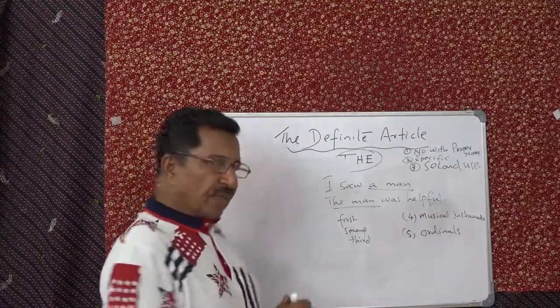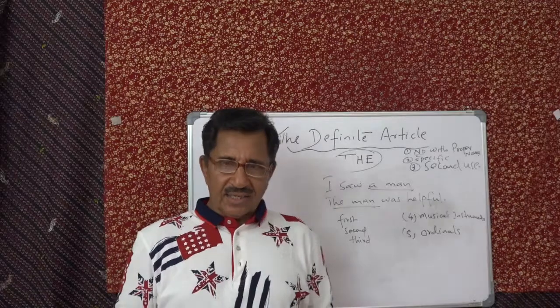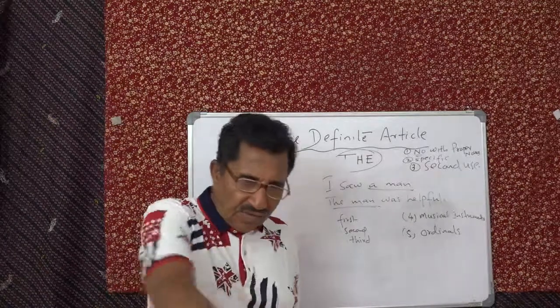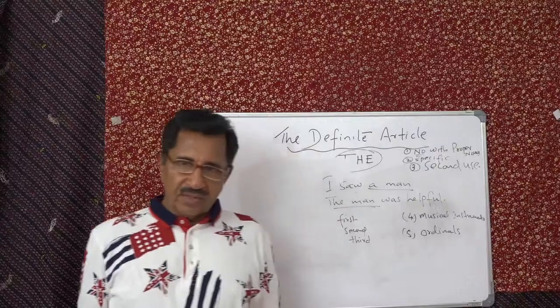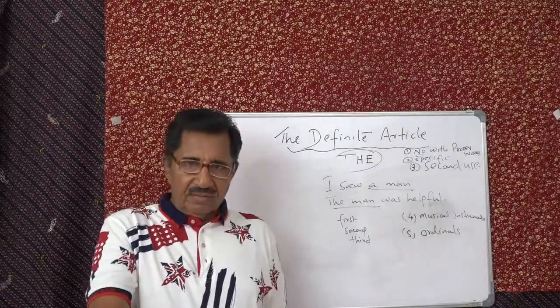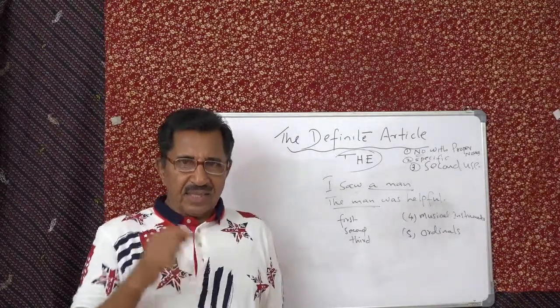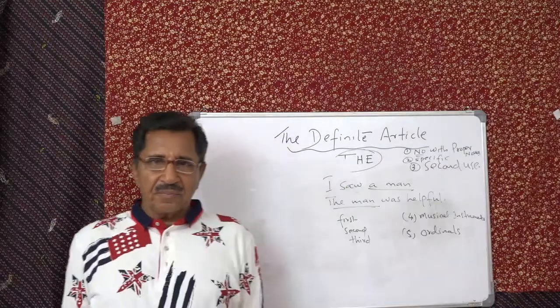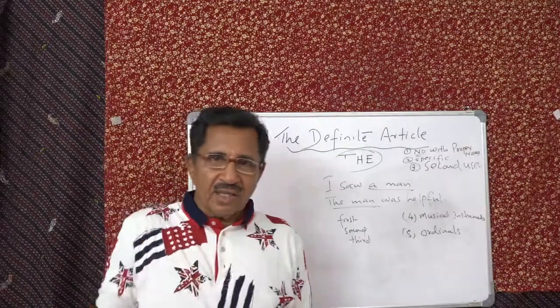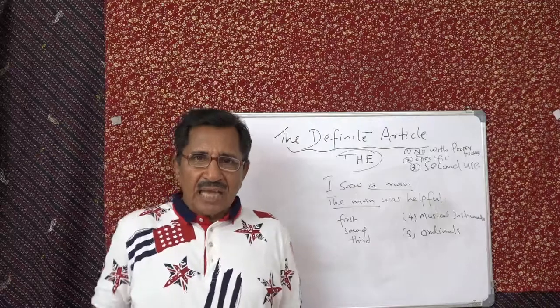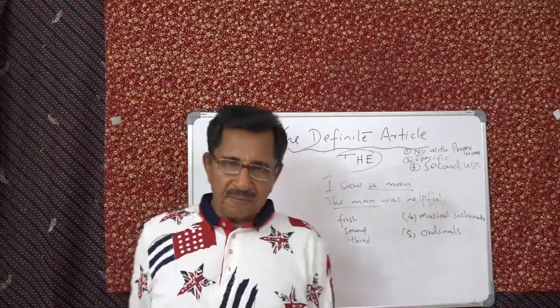So we have to say the first, the second, the third. What are we specifically saying? See? The third man I met. The fourth woman I saw was dancing in the street.